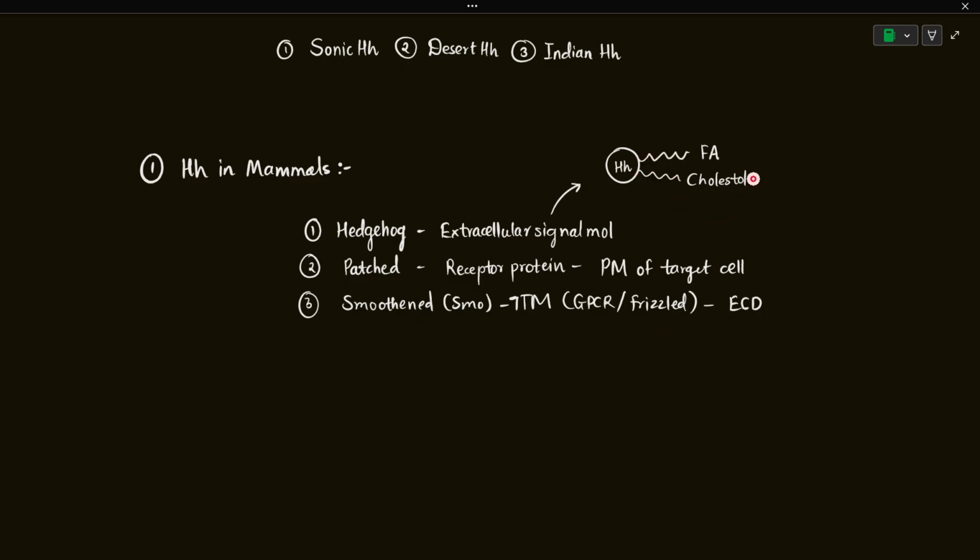Okay, so the way frizzled receptor is able to bind to lipids, in the same way the smoothened protein resembles frizzled protein because it has the extracellular domain which has affinity for lipids and specifically cholesterol.